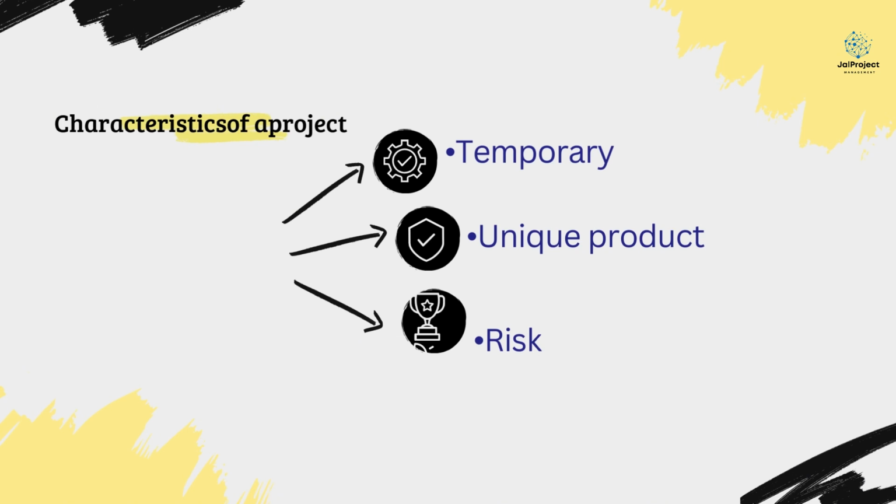All these projects have some common characteristics that they share, and they all differ from the business as usual activities we discussed in our previous slide. Some of the major characteristics of a project as indicated in the definitions are temporary, unique output, and risk. Let's look into this in detail.